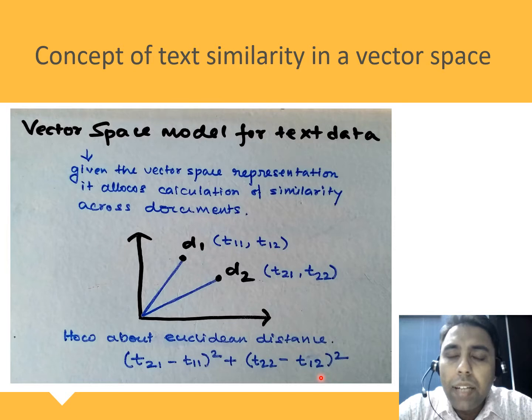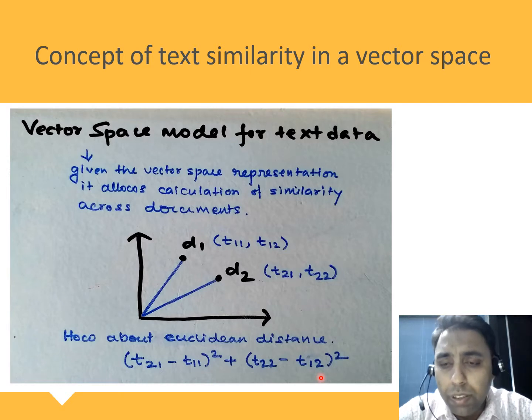One way of looking at it is if the two documents are talking about similar things, the context is similar, and as a consequence of that, you would find some common words in both of these documents, right?